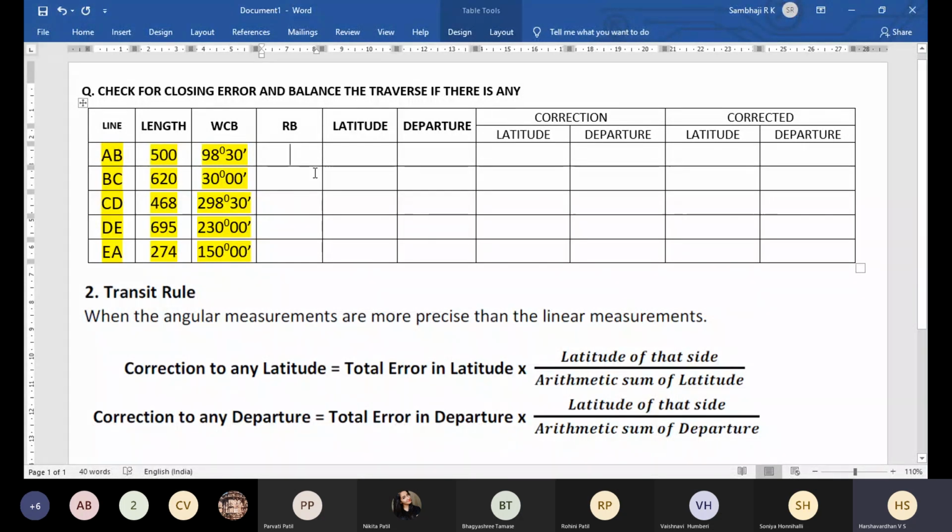To calculate latitude or departure, first we have to calculate the reduced bearing, that is theta.